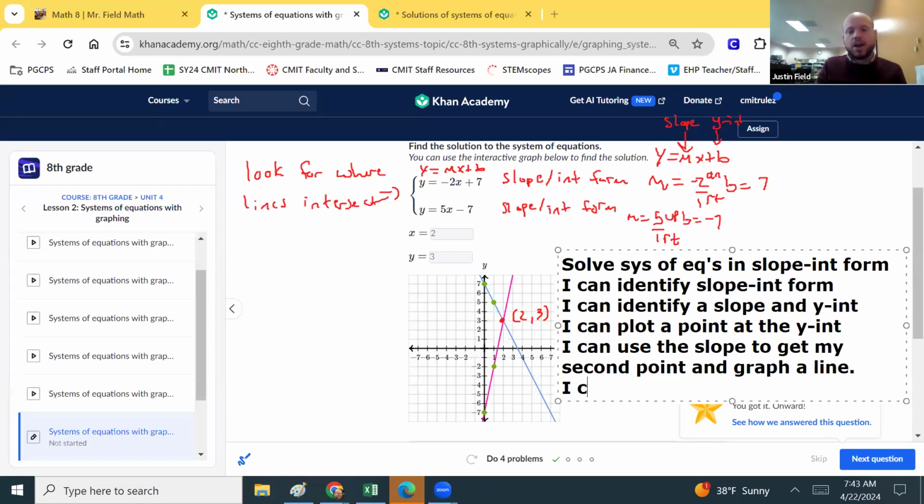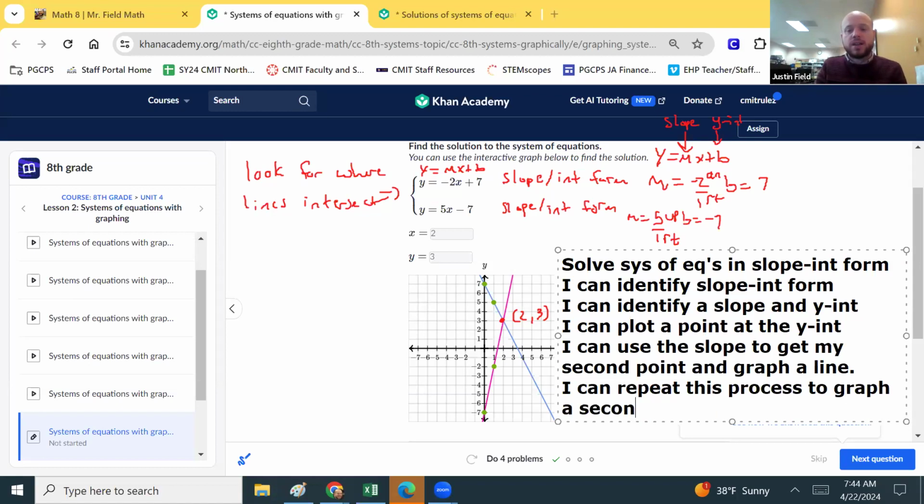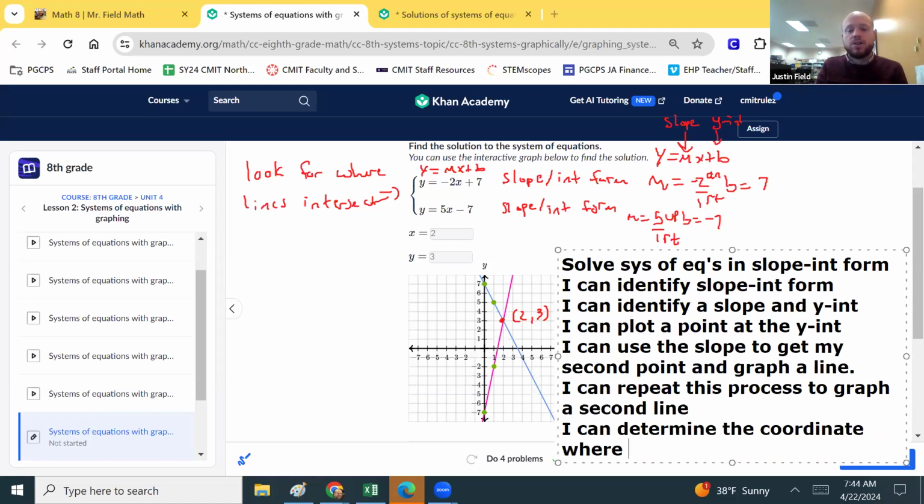Okay, I can repeat this process to graph a second line, and then I can determine the coordinate where two lines cross or intersect, I can say.